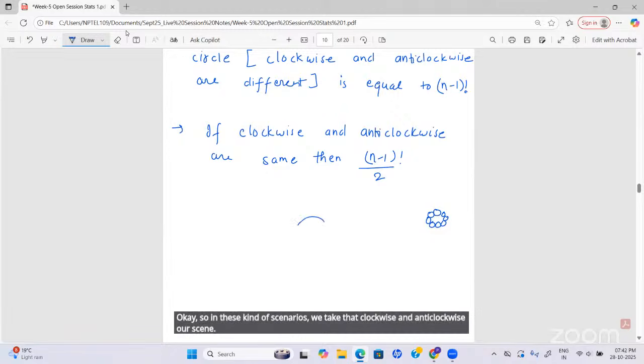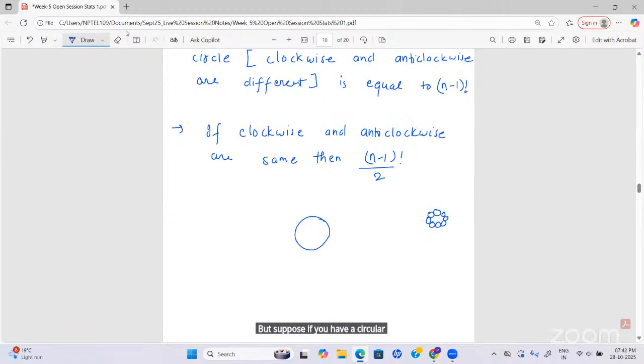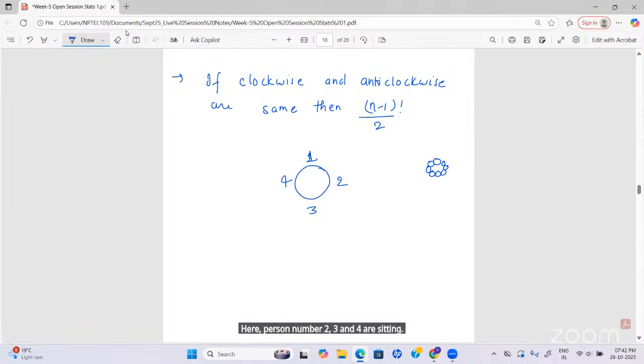But suppose you have a circular table where people are actually sitting. Suppose here person A is sitting, and here persons 2, 3 and 4 are sitting. In that case, if you flip the position of these two, then it becomes a different arrangement.